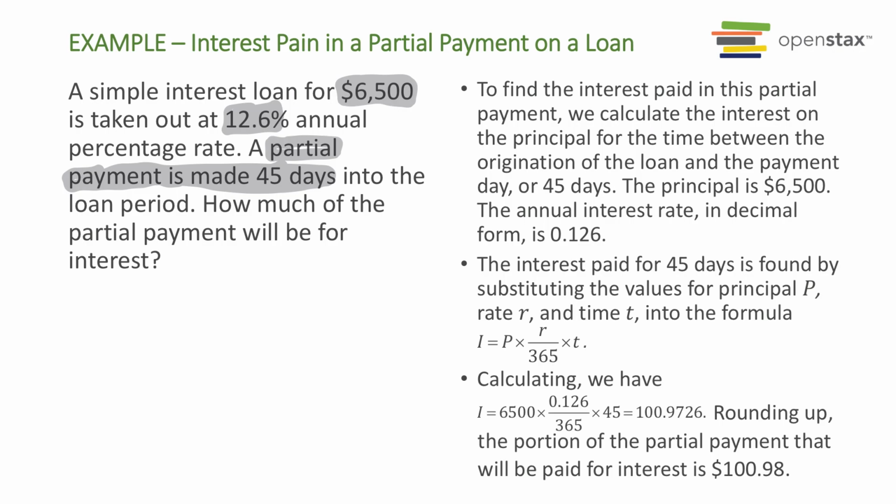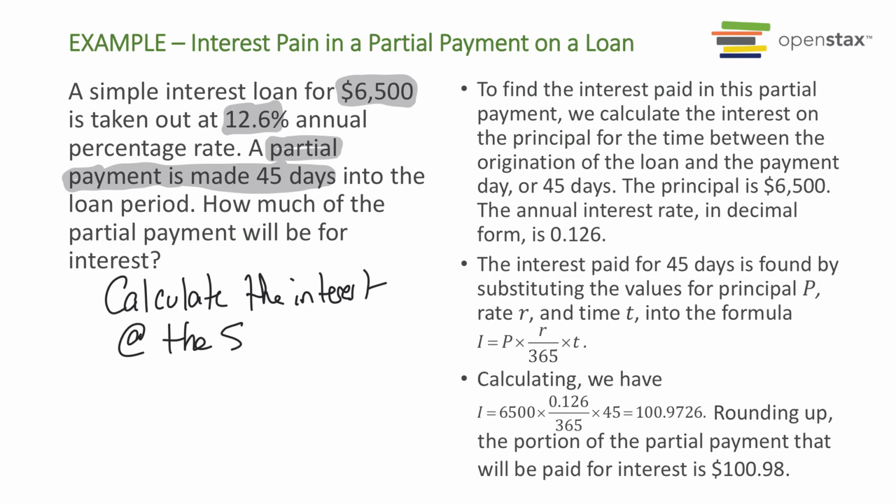So what we're basically going to do is calculate the interest at the 45-day mark. And so that's how much the interest will be in the partial payment. So let's look at how that works.